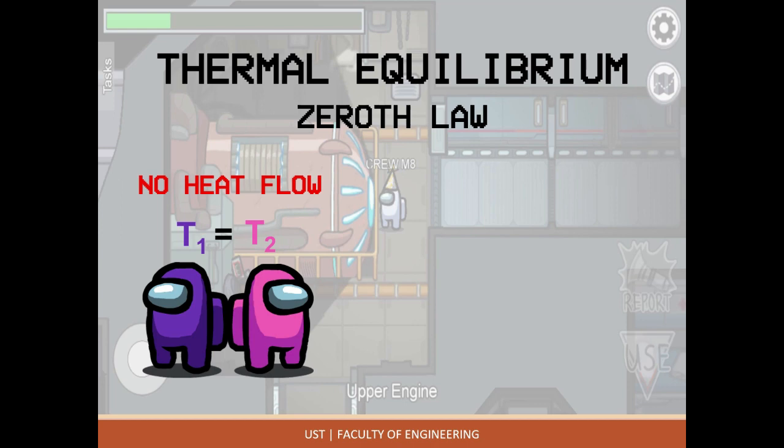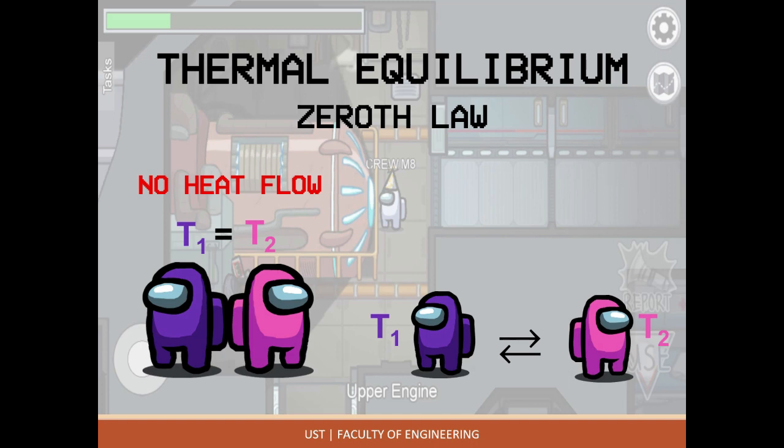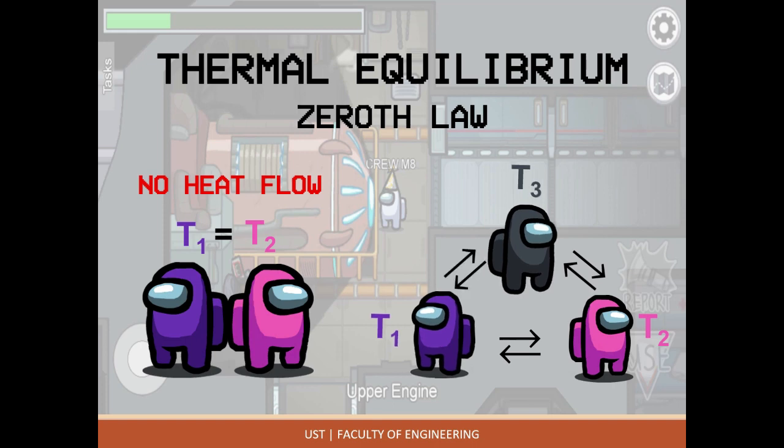This law deals with thermal equilibrium and states that if two systems are in thermal equilibrium with a third system, then those two are in thermal equilibrium with each other. In other words, if body 1 is in thermal equilibrium with body 2, which is in thermal equilibrium with body 3, 1 and 3 are also in equilibrium.